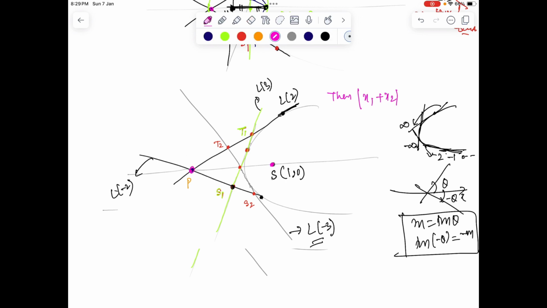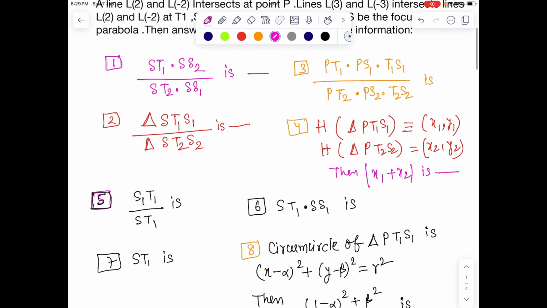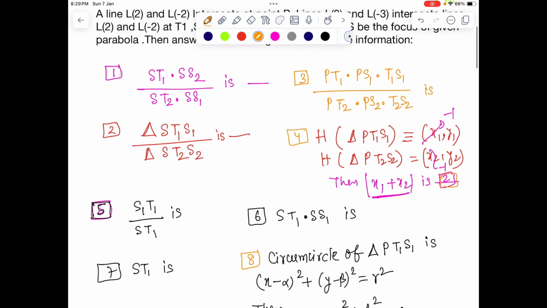The orthocenter of this triangle P, T1, S1 and of the triangle formed by P, T2 and S2 will lie on the directrix, because both of these circumcircles pass through the focus, right? The directrix is x equals -1. So what is x1 plus x2? x1 equals -1, x2 equals -1, which will give 2 as the answer. So we killed one of the problems.